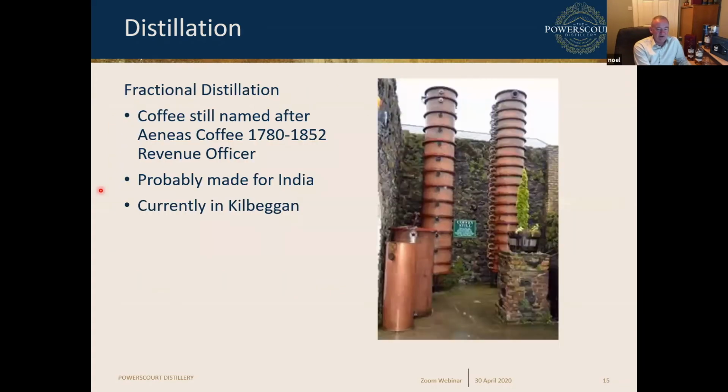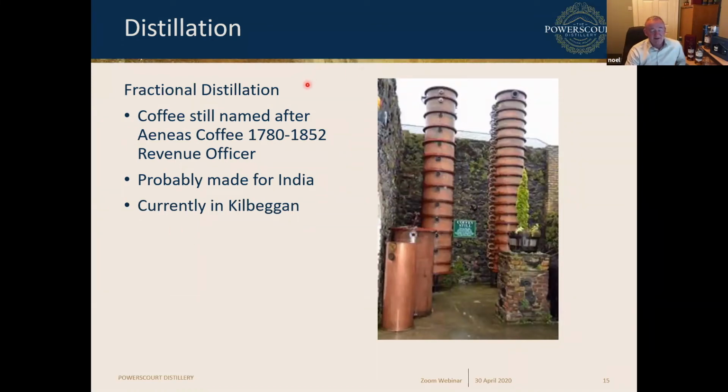So we move on to the next slide. This is an example of another fractional distillation. I mentioned that earlier, and the man who invented this style of distilling, or made it popular in whiskey, was called Aeneas Coffey, born in 1780 and died in 1852. At that stage, Irish whiskey was at its boom, and after that the whole industry went into decline in Ireland.